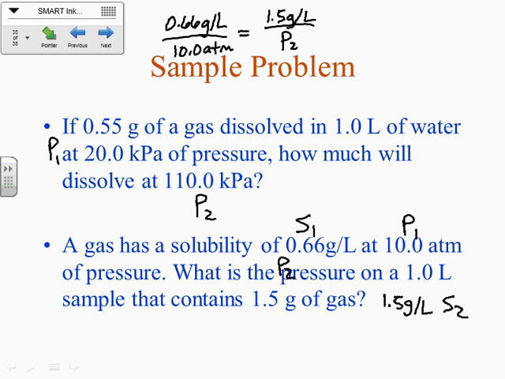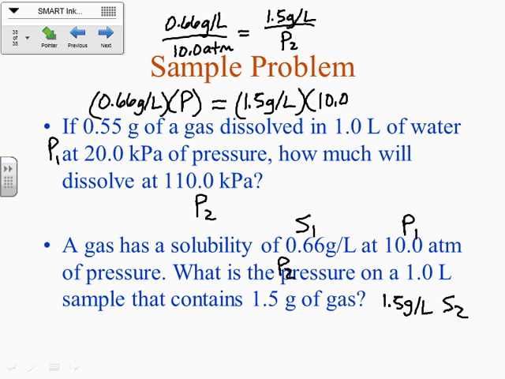Then you just have to be a little careful when you're cross-multiplying. It's going to be 0.66 grams per liter times P is equal to 1.5 grams per liter times 10.0 ATM. That's supposed to be a point there. It looks like a line. Here, I'll fix it.